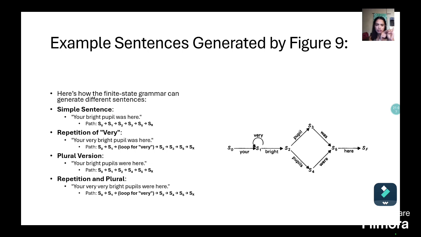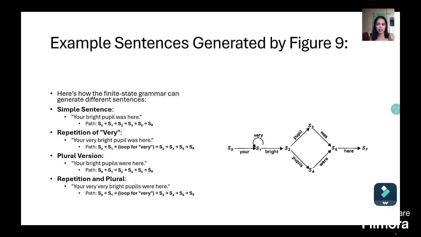The checkpoint of the sentence: S1 "bright," S2 "pupil," S3 and S5, and then "here," which is the final state. That is an example of a simple sentence.